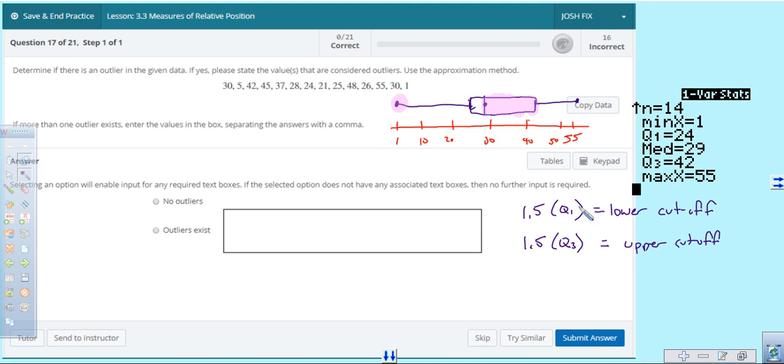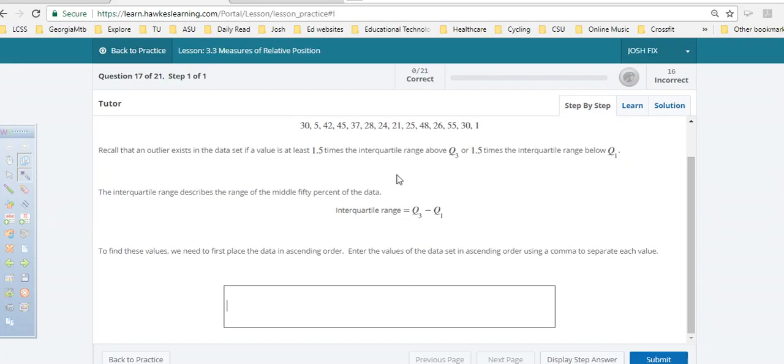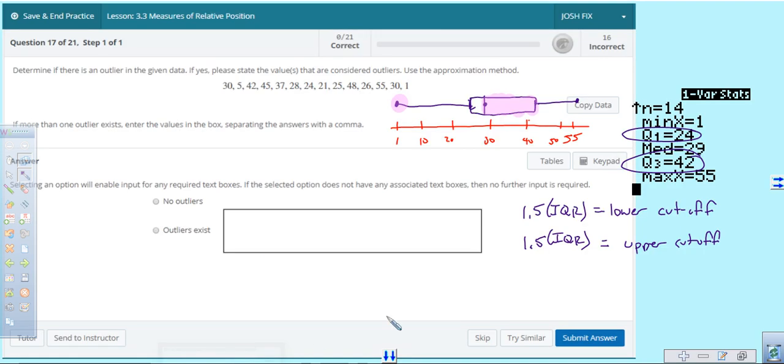So we have our Q1 and our Q3, and oh, I made a mistake. I'm sorry. It's 1.5 times our interquartile range. Let's take a look at that real quickly. It's 1.5 times the interquartile range above Q3. I'll help you translate that so it makes sense.